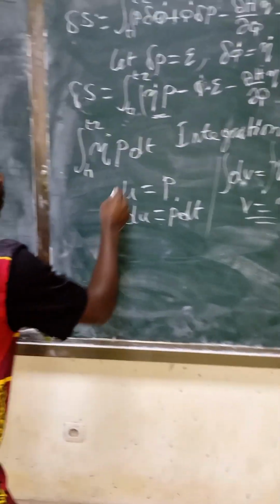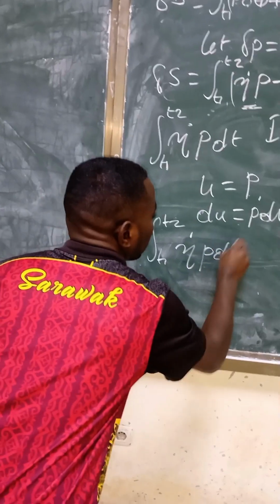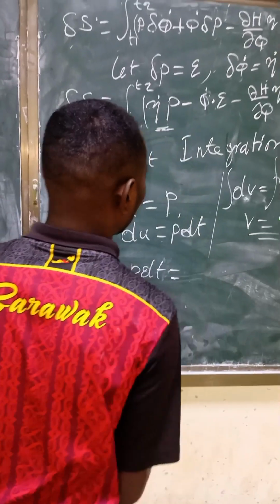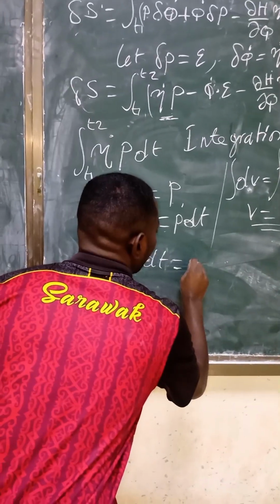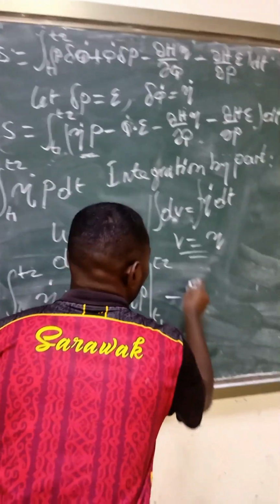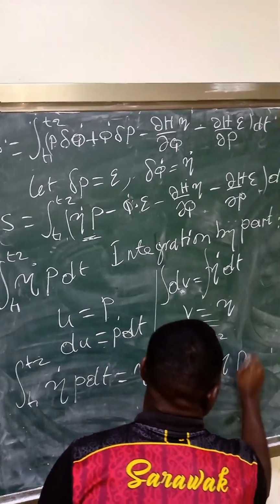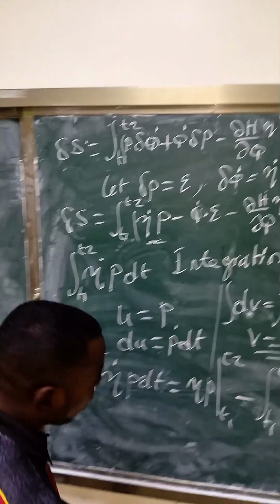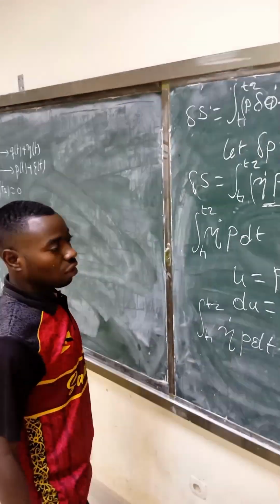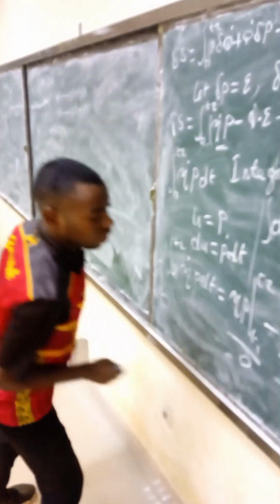Then let's substitute the integration from T1 up to T2 of theta dot p dt, which is equal to u, that is p, evaluated from T1 up to T2, minus the integration from T1 up to T2 of v du, that is theta p dot dt. Remember, for the boundary condition, nothing is changed at the end and start points. That's why this is equal to 0. So the remaining is this one.